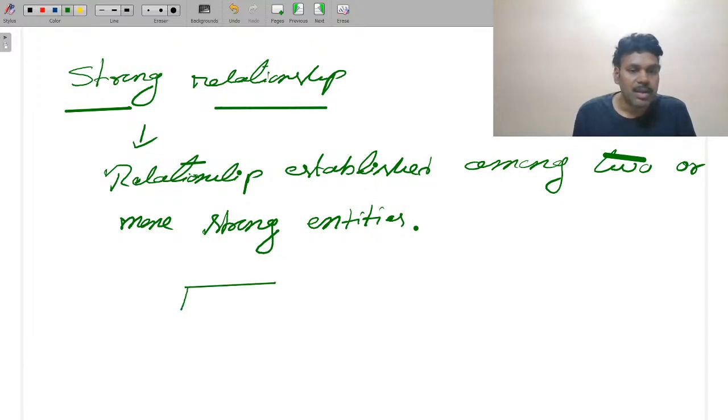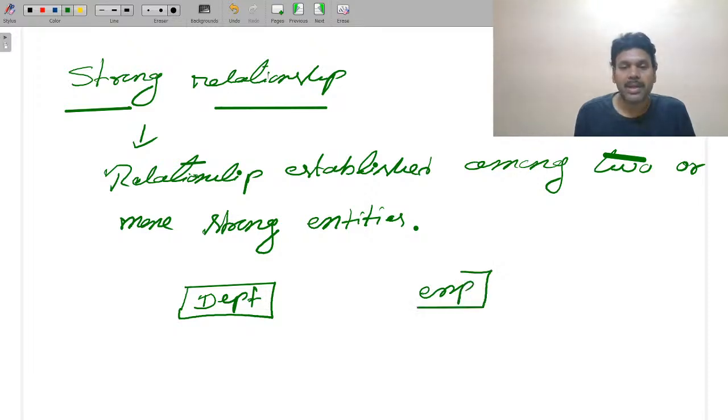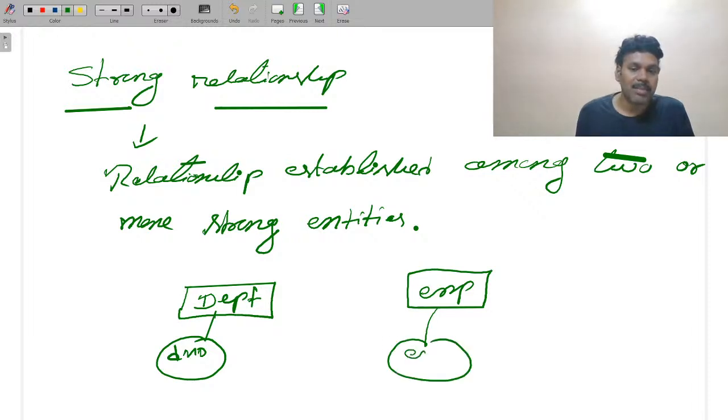So what I am saying here is, there is a department, there is an employee. Department number and employee number are primary keys. Therefore, underline them like this. Therefore, it is a strong entity, and it is also a strong entity.